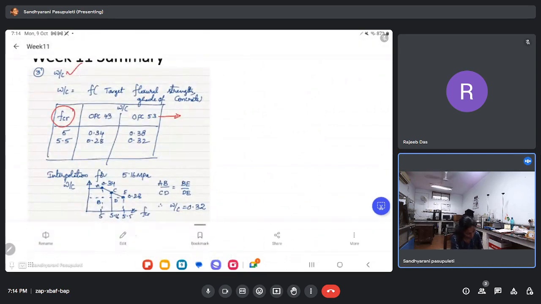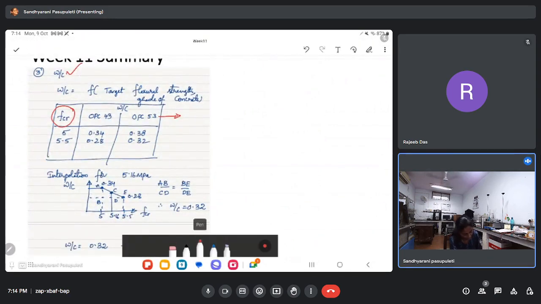Let us see the table. For a target strength of 5, for OPC 43, the water to cement ratio is given as 0.34. But for 5.5, it is given as 0.28. Our value of F'cr is 5.16, which is in between these two, so we have to do the interpolation.